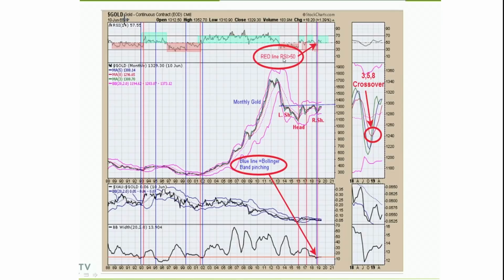And we usually watch RSI monthly. This is a monthly RSI for gold. When it's above 50, usually you've got a longer term uptrend going. When it's below 50, you've got a downtrend going.